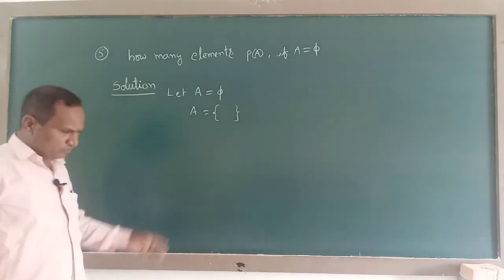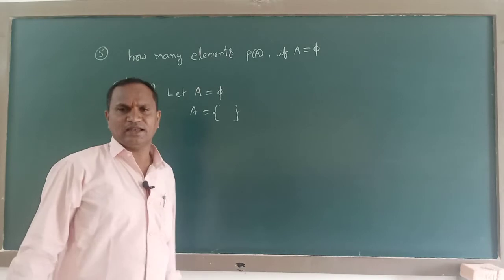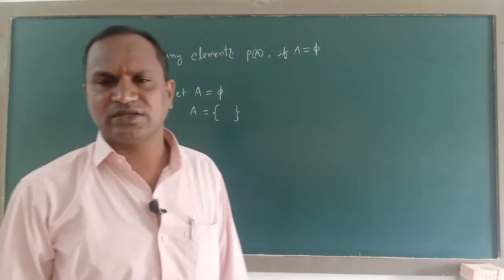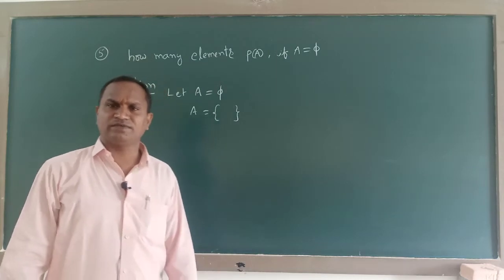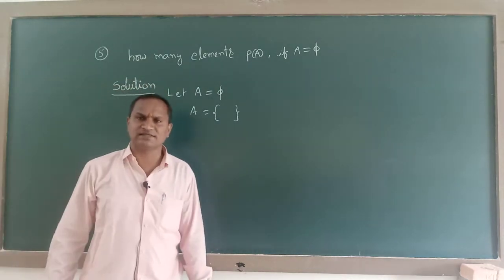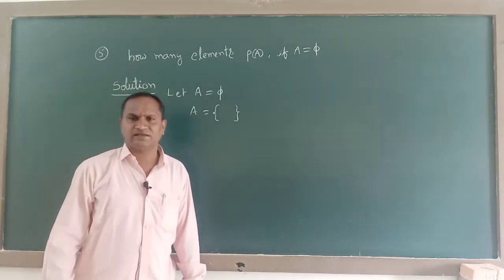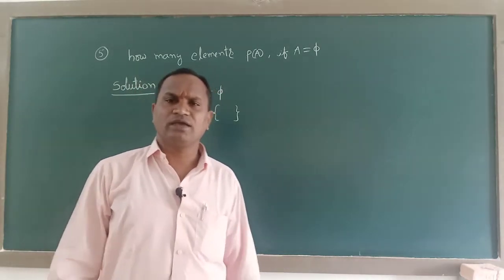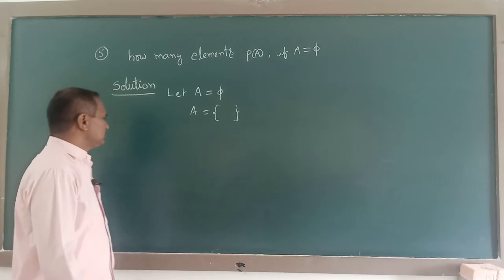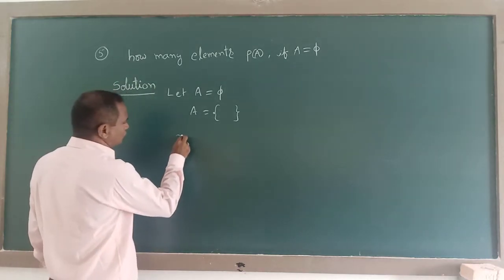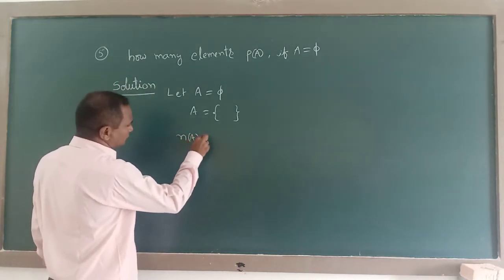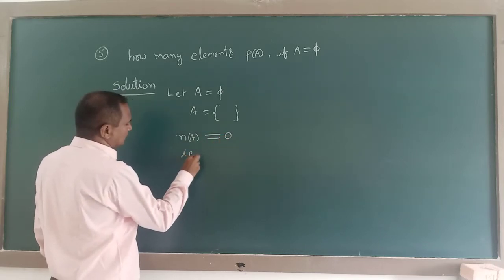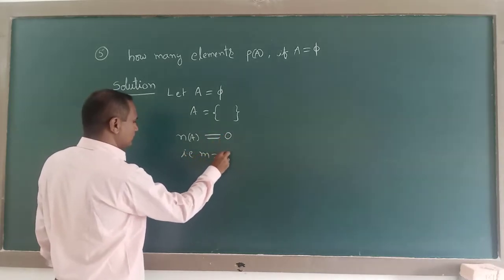In this set, we are not getting any elements, which means the number of elements in the given set is zero. The cardinal number of a set is always 0 in the case of a null set. So here n of A is equal to 0, that is, m is equal to 0.